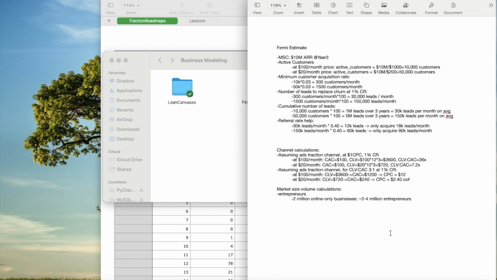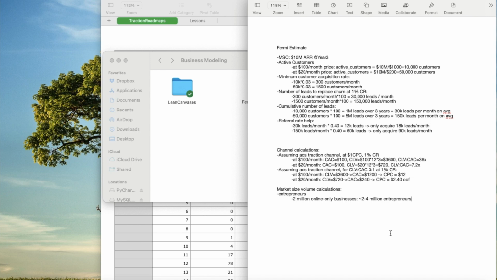Okay, so that's the minimum success criteria, right? That is the minimum goal that we need to achieve to justify our working on this business. And if this business, on paper, does not deliver that minimum success criteria, then we should discard this business idea and work on something else.